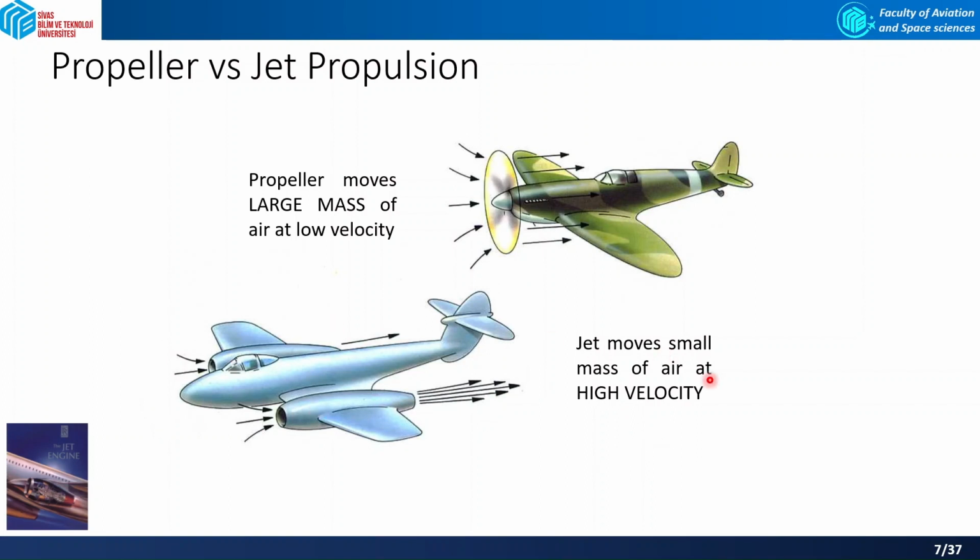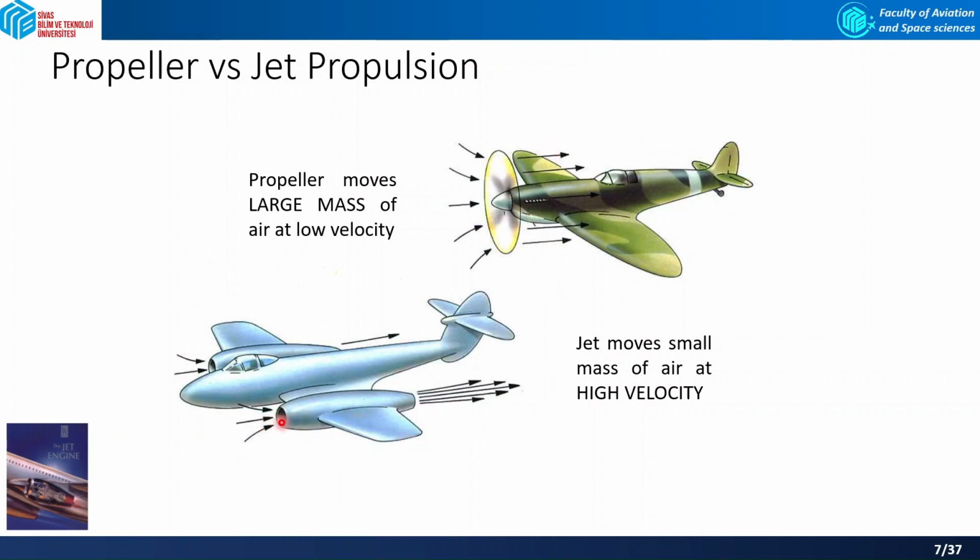But in the jet engines, we have a small mass of air, but as you see, the arrows representing the exhaust jet at the back of the engine are much bigger than the arrows that you see in the propeller engine.